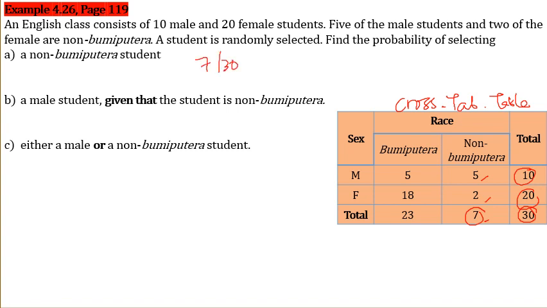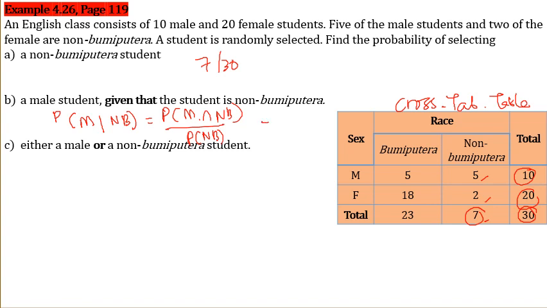And next B, a male student given that the student is non-Bumiputra. P(male given non-Bumiputra), which is we use the formula P(M and NB) over probability of NB.